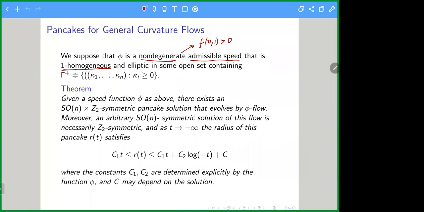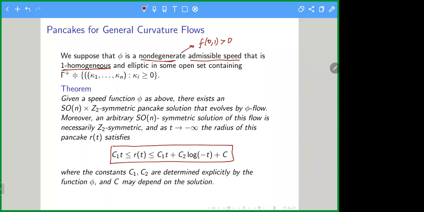But here is something I am able to say about these solutions. The asymptotic expansion looks the same. Let's say there is more than one solution, but every solution has this asymptotic expansion. For the radius of these pancakes, the highest order term is a linear term.